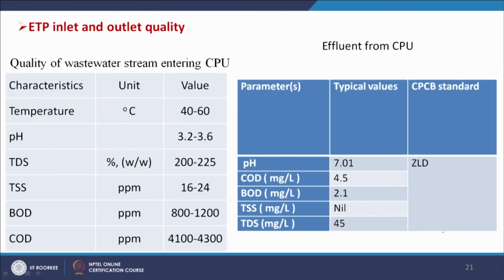And ETP inlet and outlet quality is typically given: the CPU inlet temperature, pH, TDS, TSS, BOD, COD, and after treatment it produces like this. So, all are below permissible limit, and moreover CPCB has recommended that there will be zero liquid discharge from this distillery unit, and all water which is generated is recycled and used in the plant itself.